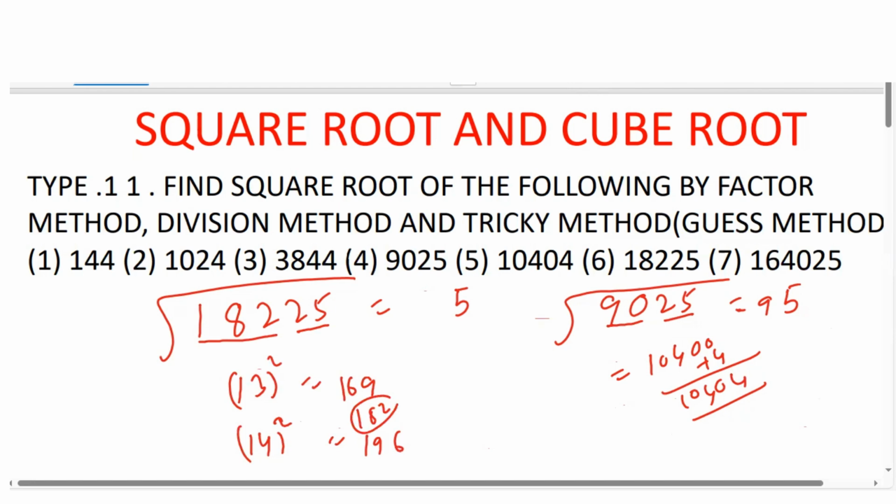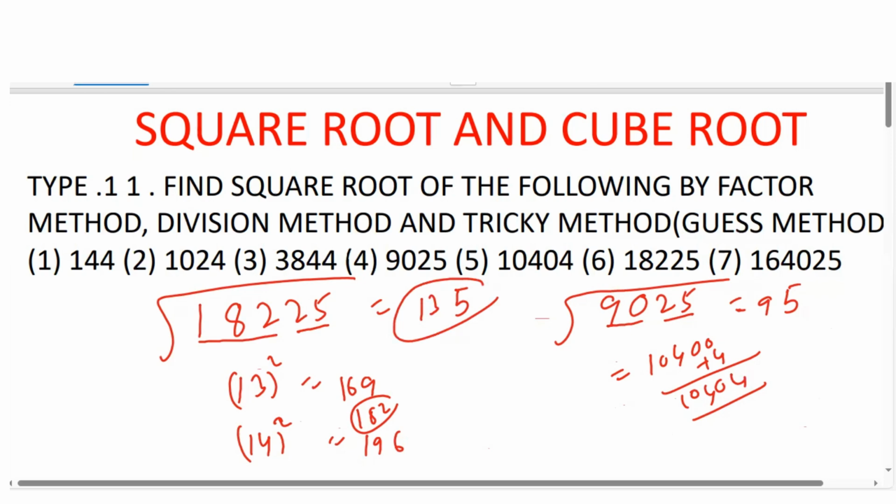So which number is 182 near to? There is nothing to compare here, because we have only a single digit 5. So you can directly write 135, because 14 squared is 196, which is more, so we are taking 13. There is only one option, so no need to compare. Your answer is 135, and you can check with 169.